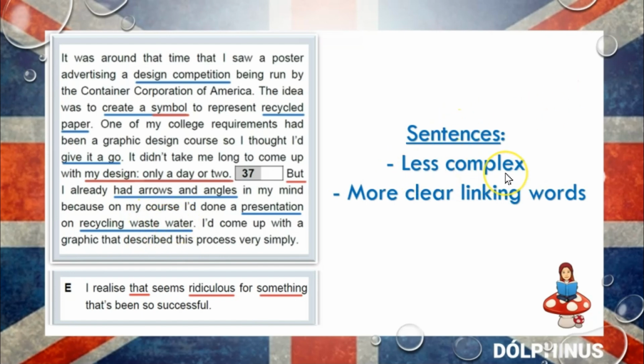Sentences are less complex because the texts are written with simpler sentence structures, fewer subordinate clauses, and more familiar vocabulary. And there are more clear linking words. For example, we have but, that, something.